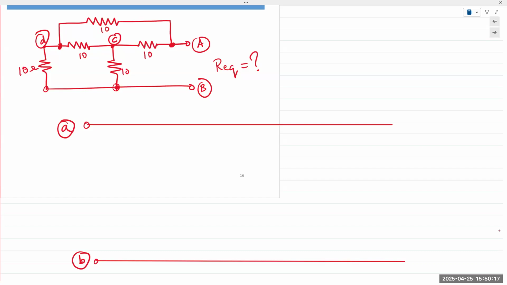So if we start at A, how many resistors do we see connected to A? And for the sake of clarity, let's do R1, R2, R3, R4, and R5.